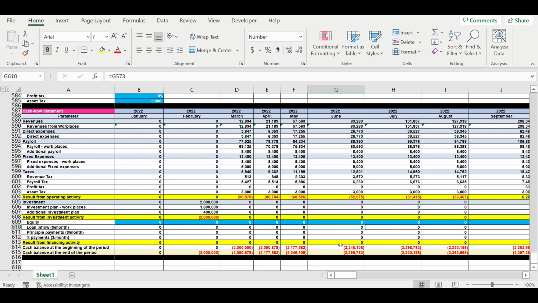So basically the amount of money that you need to start the business consists of two parts. The first part is expenses that you have before you have the revenues. So here you have the revenues, and before you have the revenues in the investment stage, you have investment stage expenses.